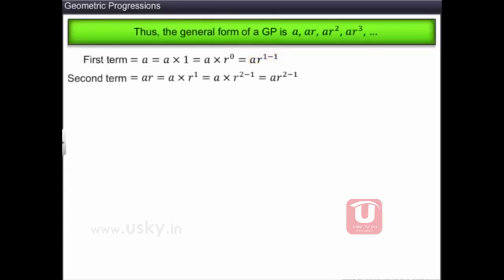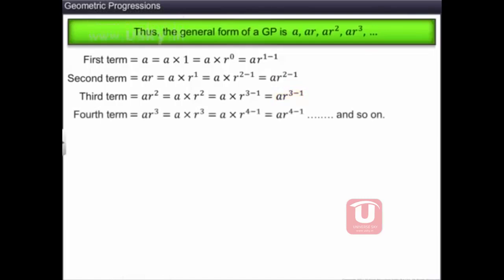The fourth term, a into r cube, can be written as a into r raised to the power of 4 minus 1. This pattern suggests that the nth term of the GP should be given by a into r raised to the power of n minus 1. Remember that the nth term is also called the general term of the GP.